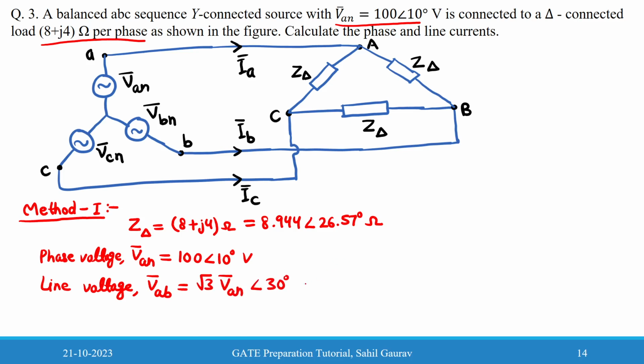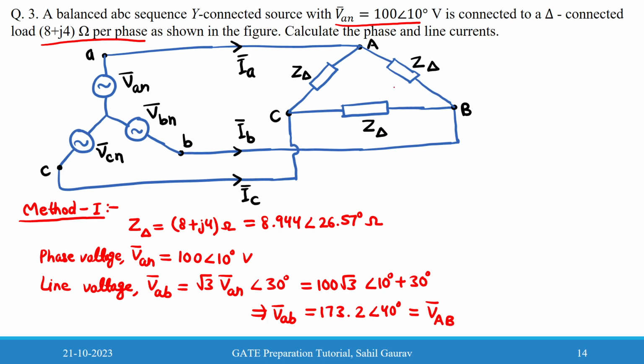So it will be 100 into root 3 at the angle of 10 degree plus 30 degree. So it will be 173.2 at the angle of 40 degree volt. This is VAB. And this similar voltage VAB, across A and B, comes across the load also.